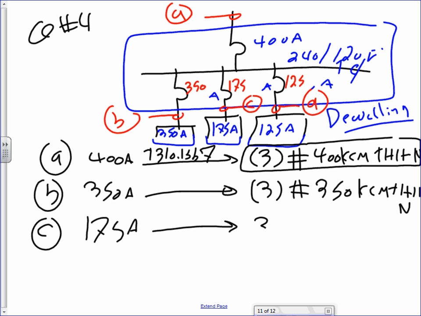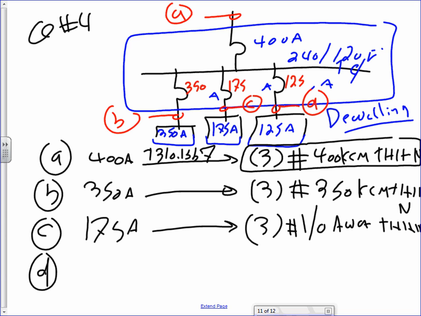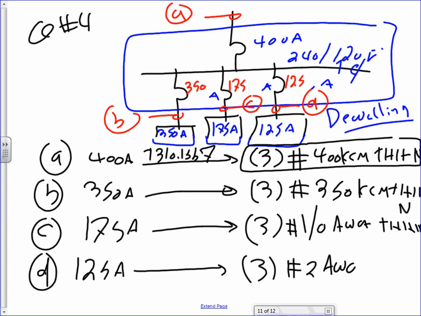That will get you 3 conductors, number 1 AWG THHN. And the last one, D, is 125 amp, and 3 conductors, and the size is number 2 AWG THHN. Done.